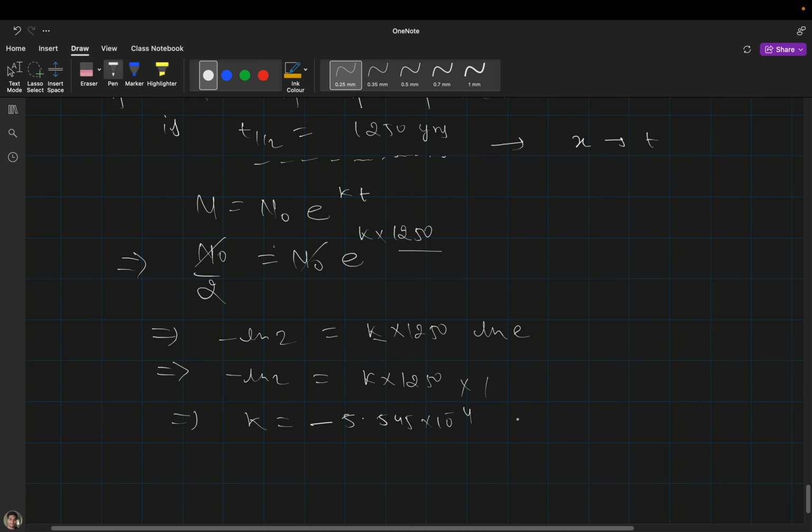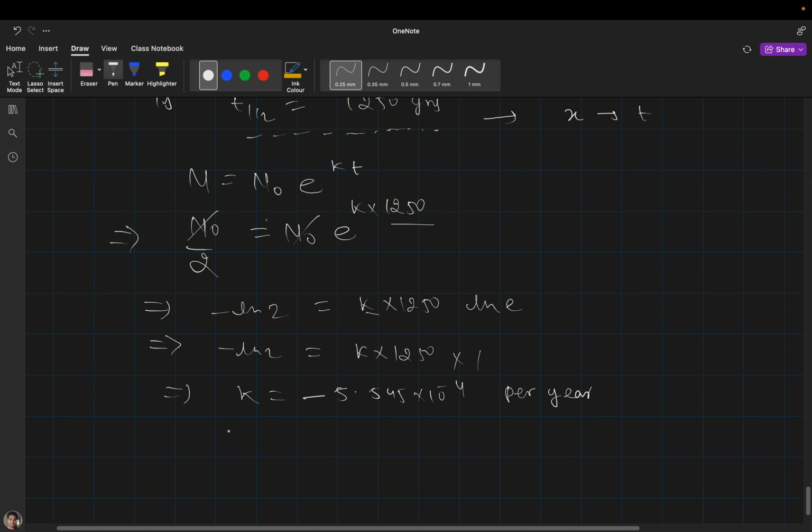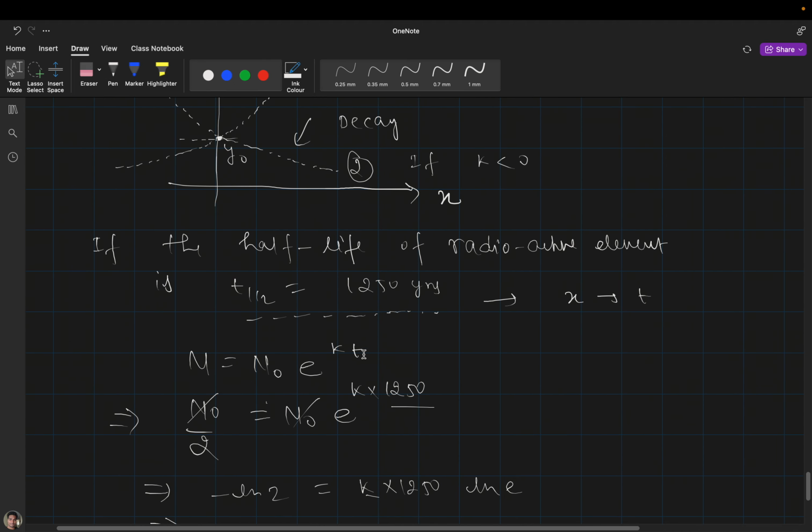What is the unit of k? Per year. So from the half life value you can also get k. This is the solved problem.